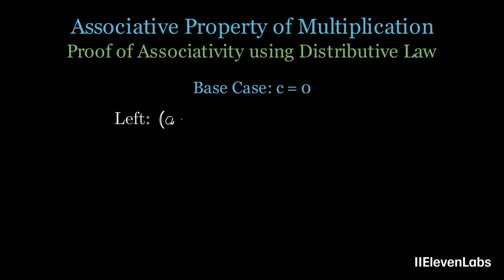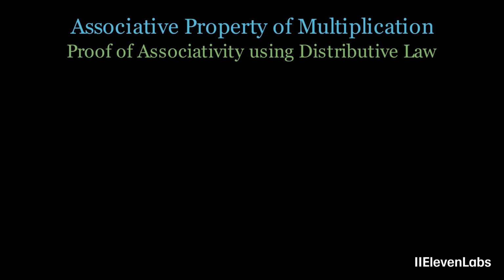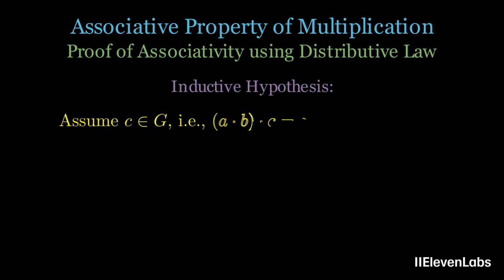Left-hand side is (a times b) times 0 equals 0, by the definition of multiplication. Right-hand side is a times (b times 0) equals 0, also by the definition of multiplication. Therefore, left-hand side equals right-hand side. So, 0 is in the set G. In other words, the base case holds for the principle of mathematical induction.